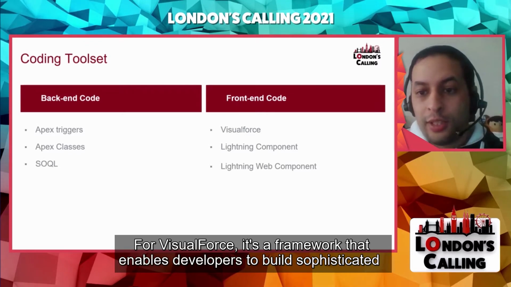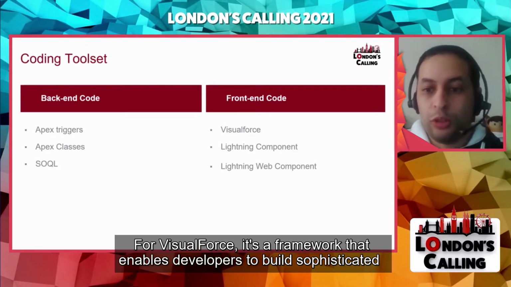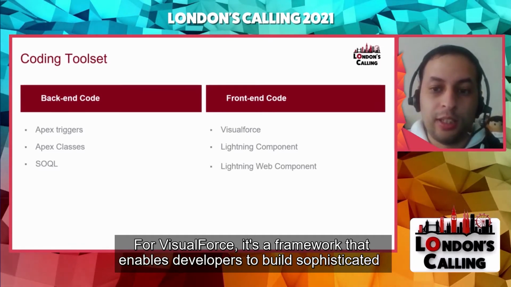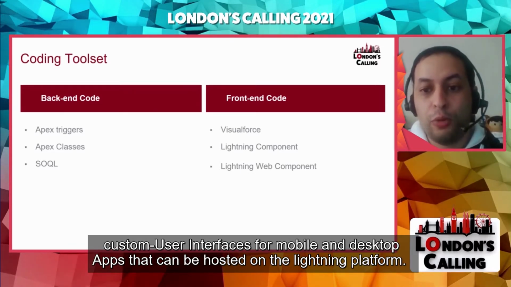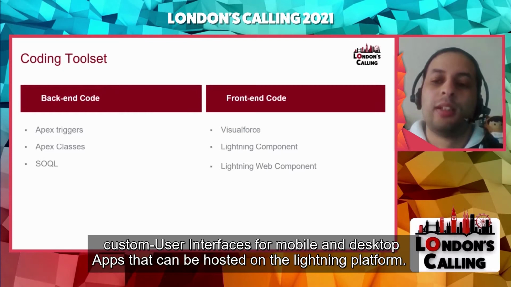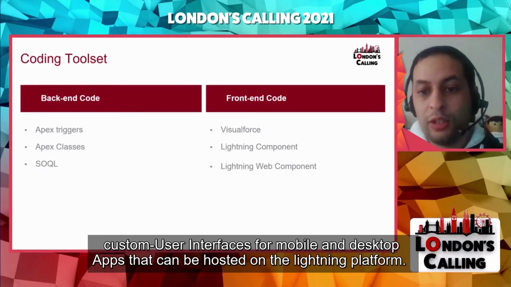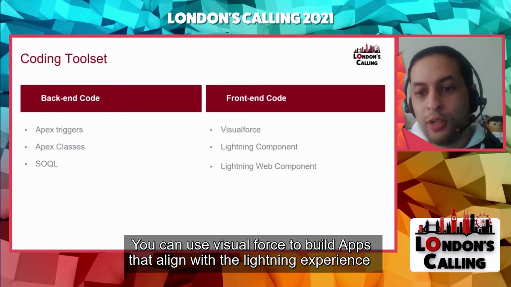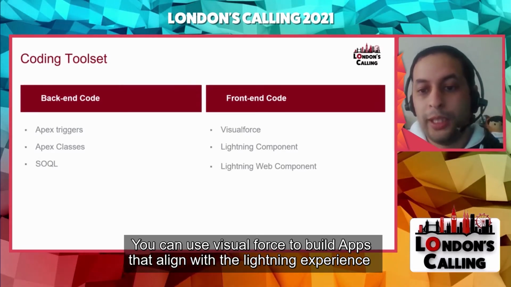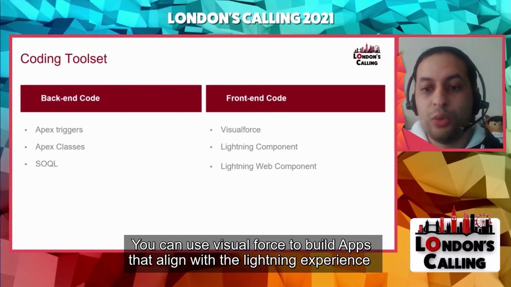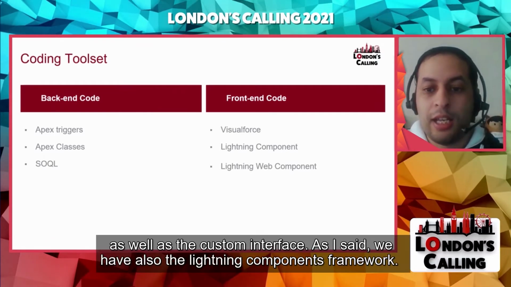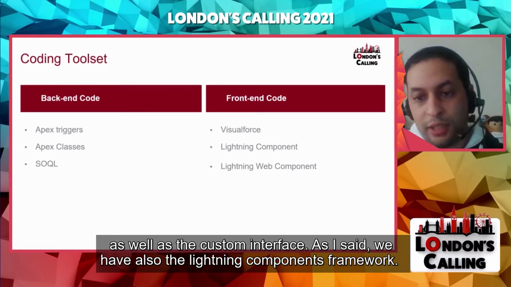Visualforce is a web development framework that enables developers to build sophisticated custom user interfaces for mobile and desktop apps that can be hosted on the Lightning platform. You can use Visualforce to build apps that align with the styling of Lightning Experience, as well as completely custom interfaces.